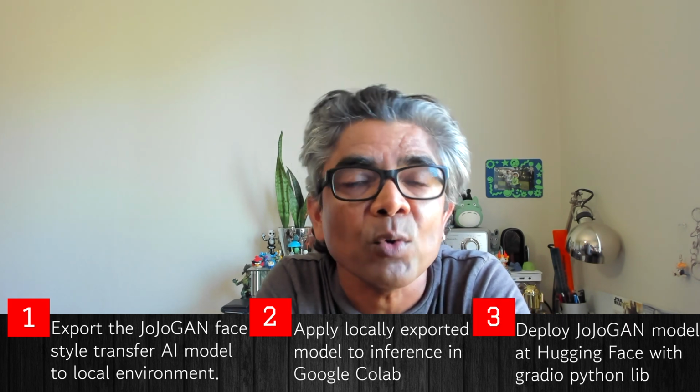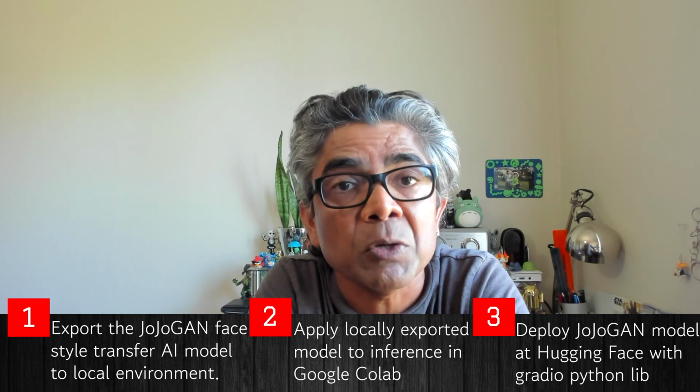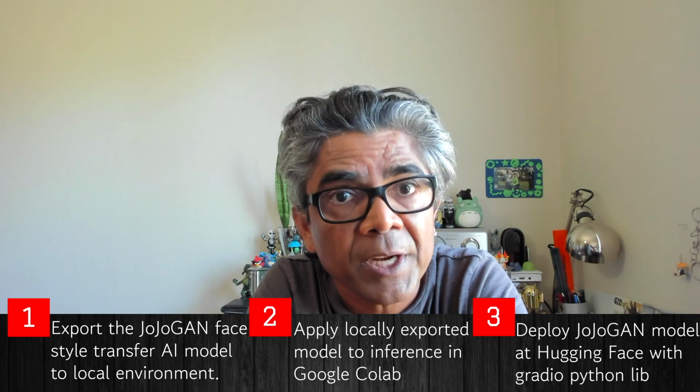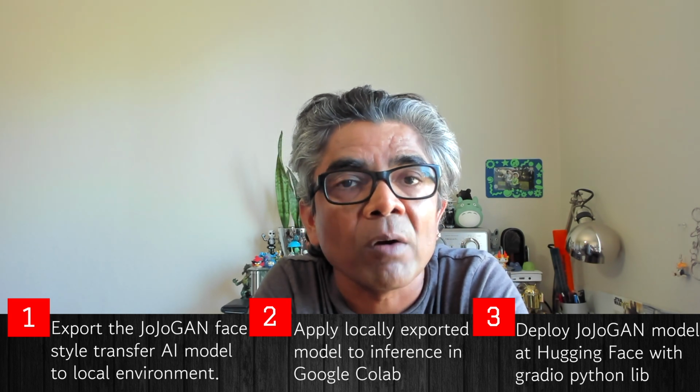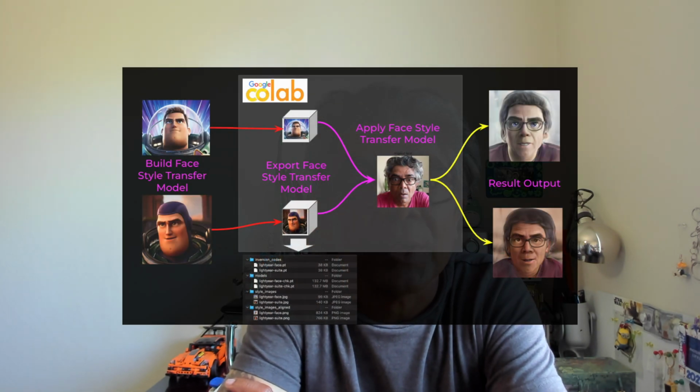And in the third step, we are going to deploy the models which we have trained in Google Colab using the JoJoGAN library. We will deploy these models at Hugging Face by using the Python Gradio library.